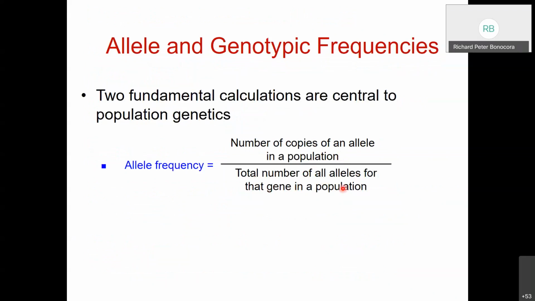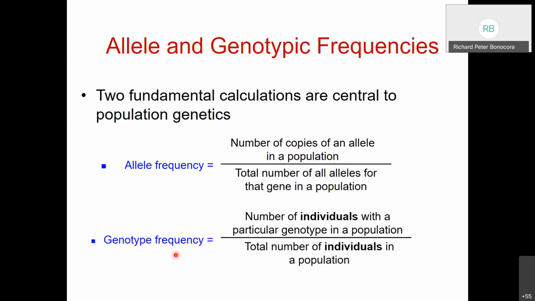So, for example, the number of dominant alleles, let's just say gene A, dominant A alleles in a population, versus the total possible alleles that there are in a population. And then there's the genotypic frequency. Now we're going to look at individuals, the number of individuals with a particular genotype in a population divided by the total number of individuals in a population. So let's go through some of these.